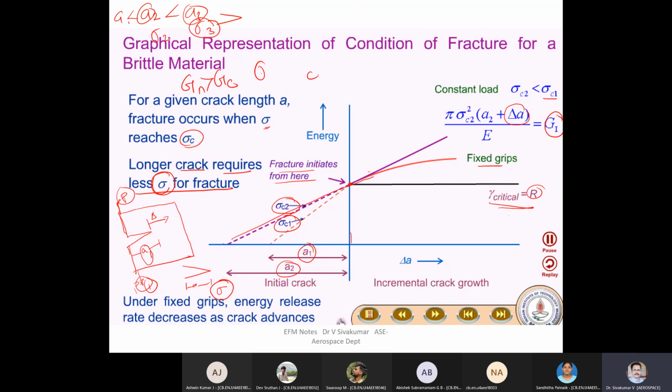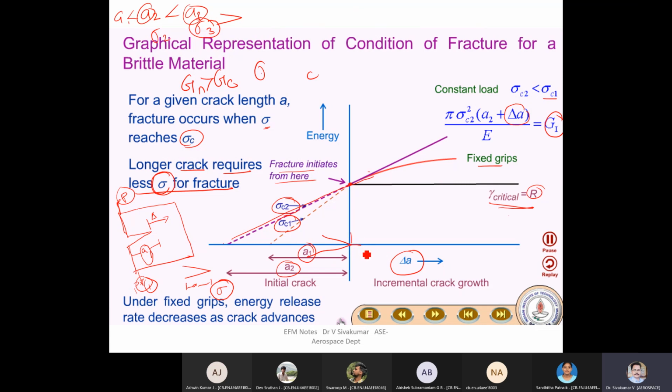G1 depends upon the delta A as well as your sigma C2. Make sure that this is delta A, up to this is basically your crack edge here.